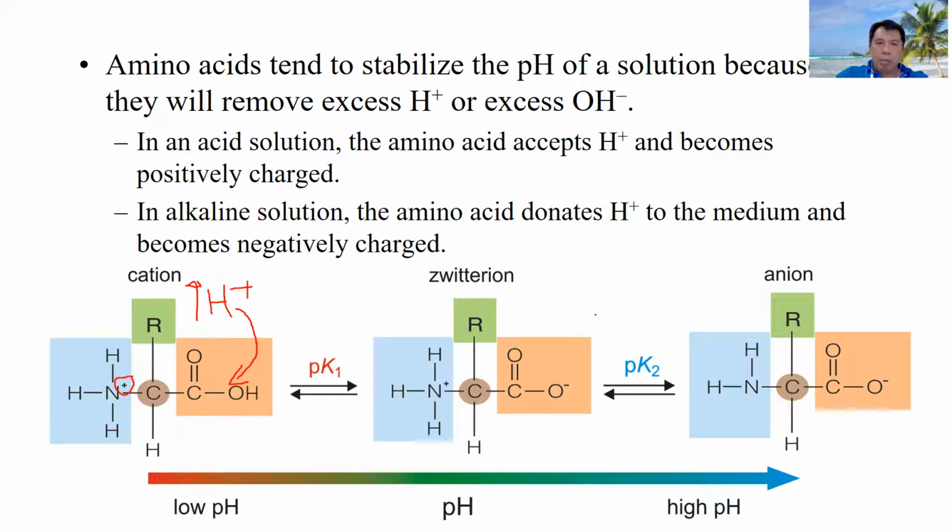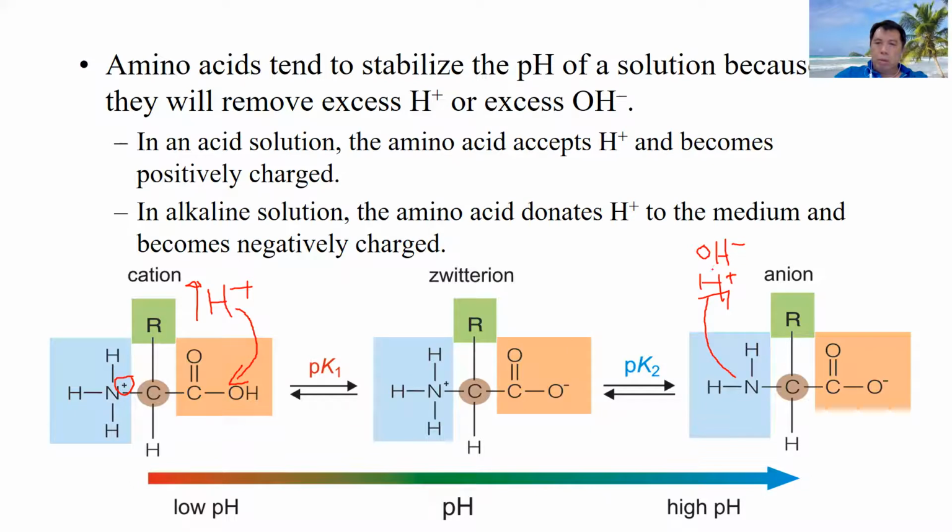In an alkaline solution, we know there is a high concentration of hydroxyl groups. In order to reduce the concentration of the hydroxyl groups, the amino acid will release, or donate, a proton to the surrounding.